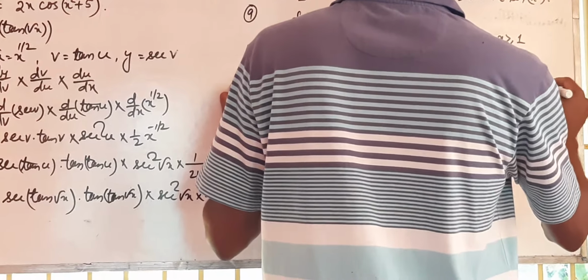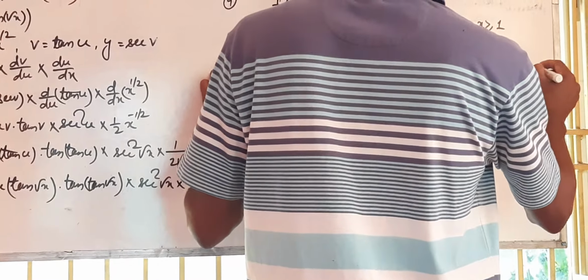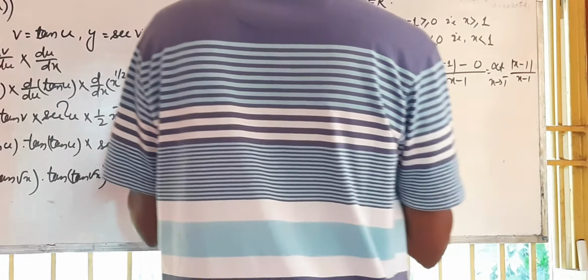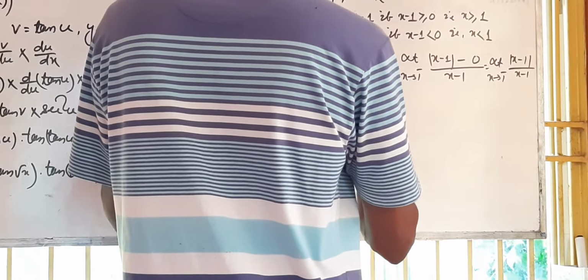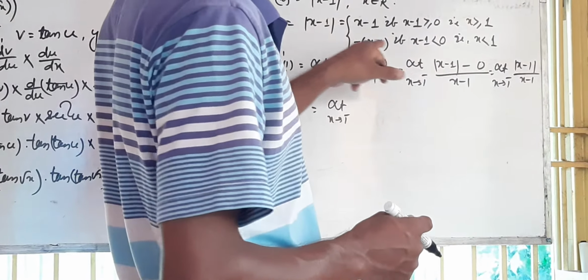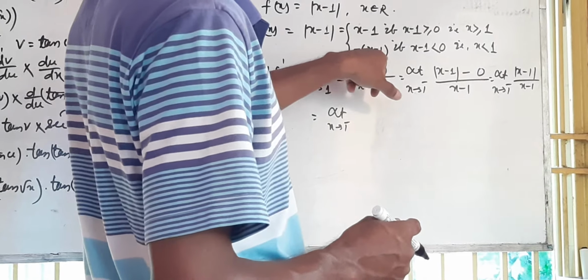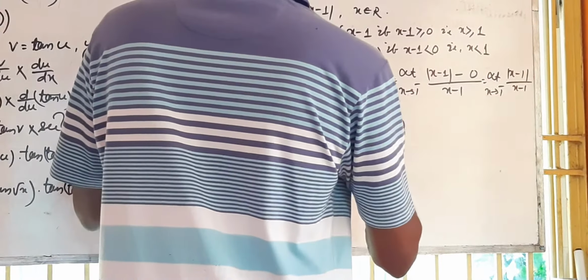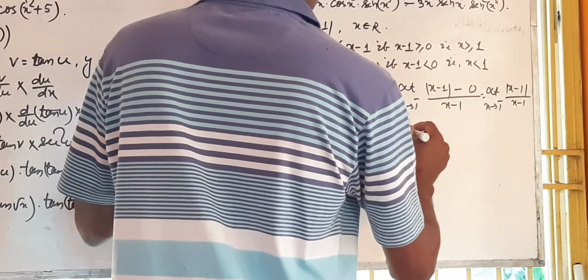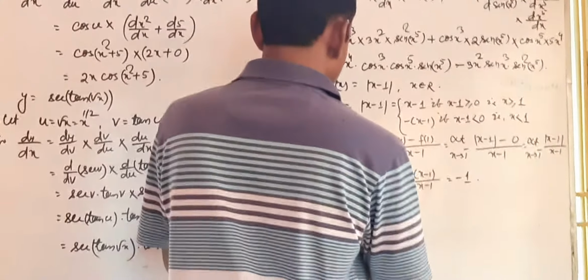This is limit x tends to 1 minus mod x minus 1 by x minus 1. So when x is less than 1, you see the value of modulus of x minus 1 is minus of x minus 1. So you can write minus of x minus 1 by x minus 1, that is minus 1.